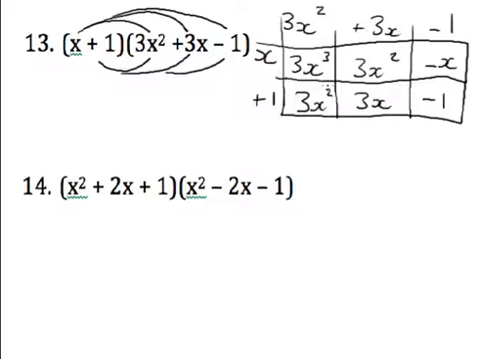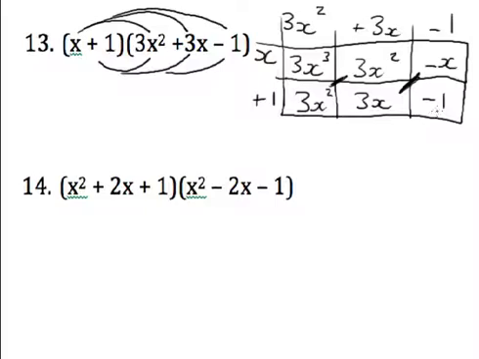Now, in some instances, not all, the diagonals are your like terms. So for example, in this case, the 3x squared and the 3x squared are like terms. I can combine them. They're both positive, so they add up to 6x squared. These diagonals, the 3x and the minus x, they are like terms too. I can combine those to 2x.